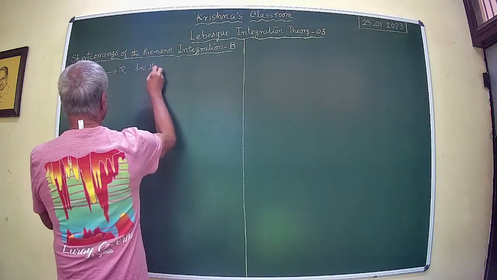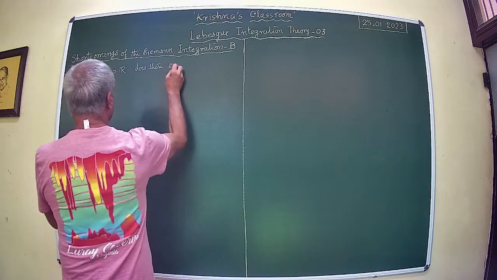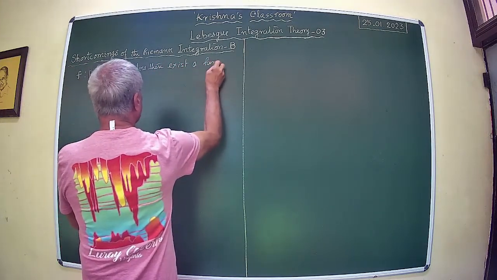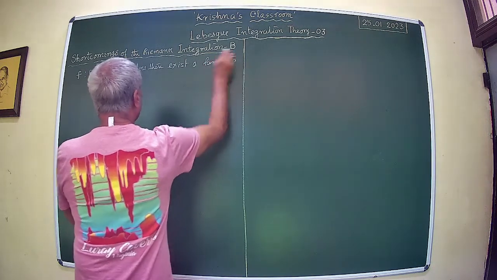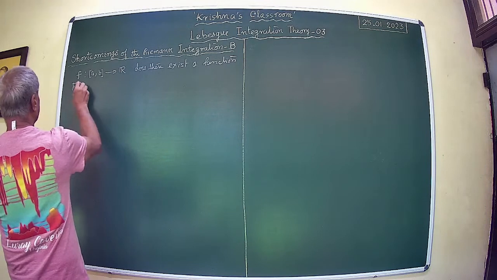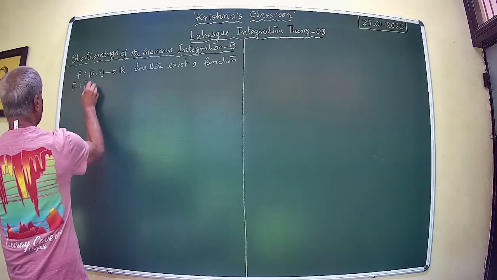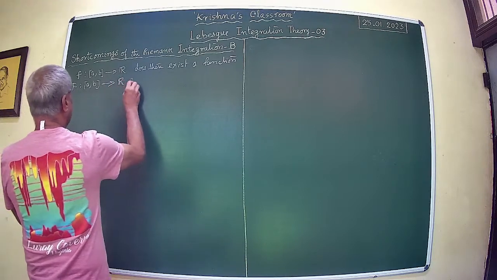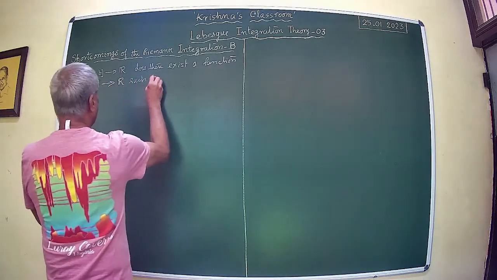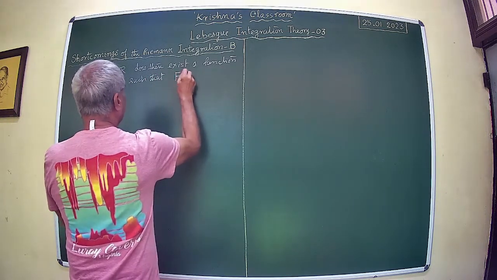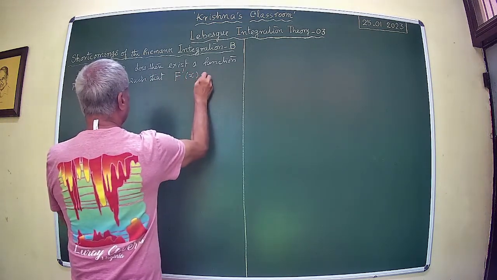Does there exist a function F(x) such that F derivative of x equals f of x?